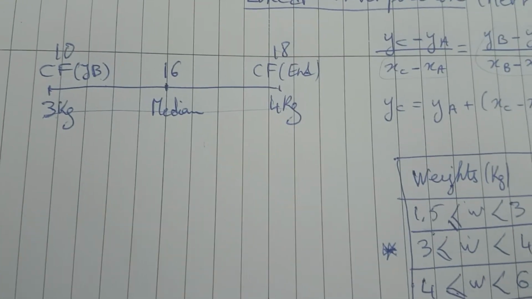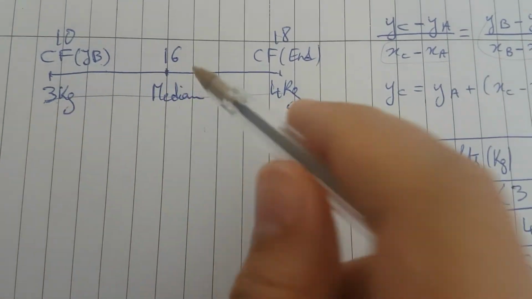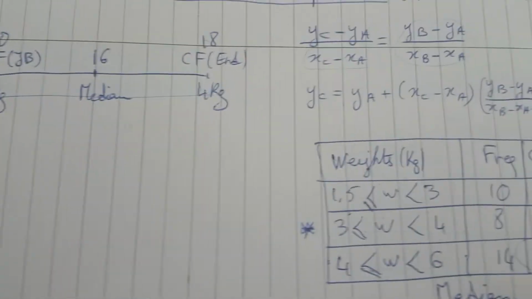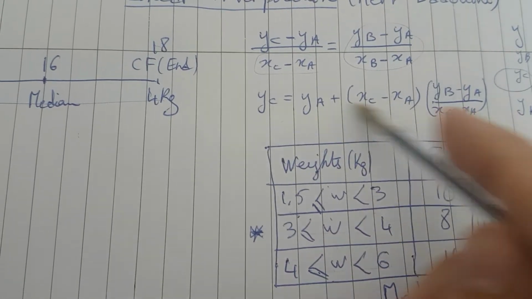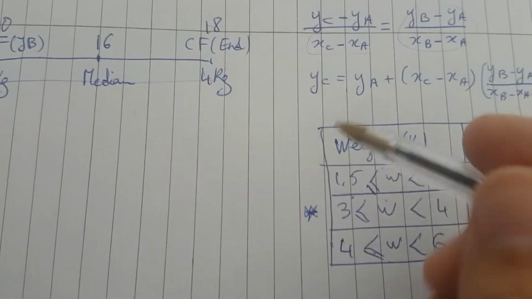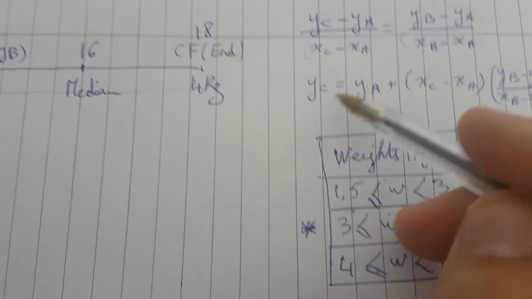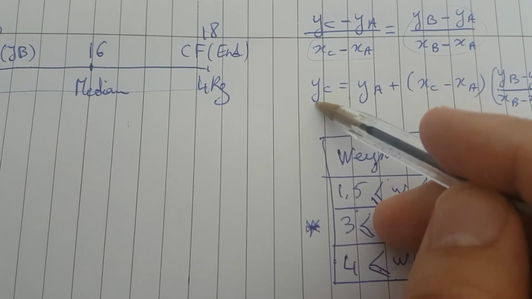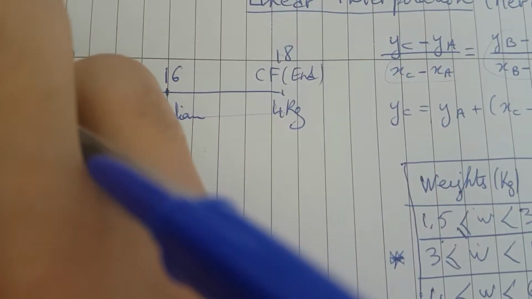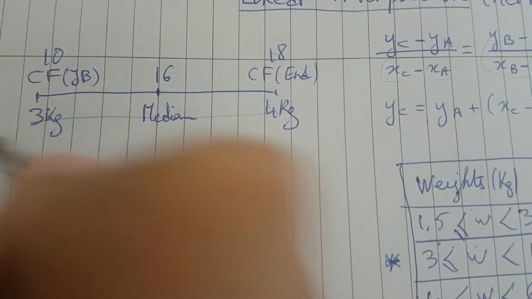After drawing this, I can use the formula. The YC that I'm looking for is the median, so YC is the value of the median. Those on top are the X values, on the bottom the Y values.